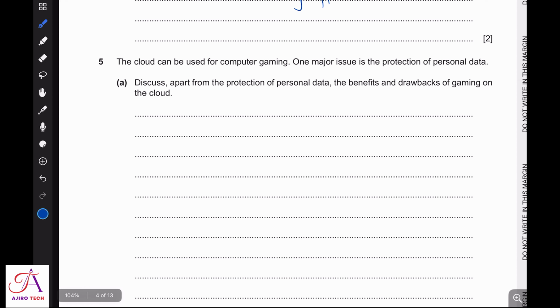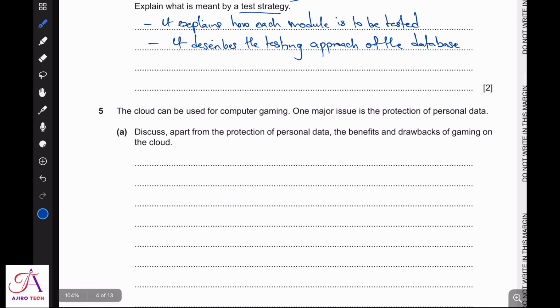Question 5. The cloud can be used for computer gaming. One major issue is the protection of personal data. Discuss, apart from the protection of personal data, the benefits and drawbacks of gaming on the cloud. So this is probably a 6 marker question.